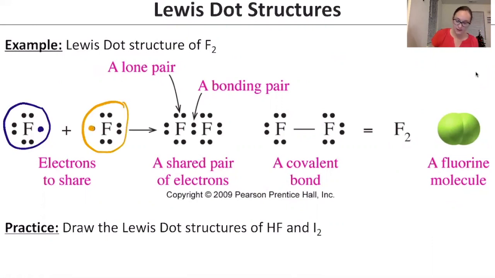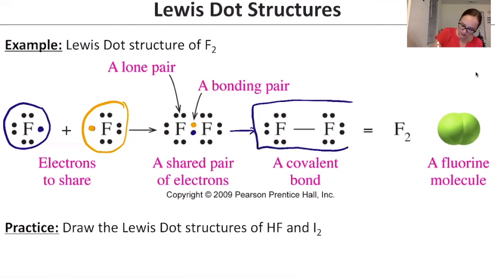So I'm only highlighting the 1 electron that is going to turn into our covalent bond in this case. So each fluorine is going to want to share 1 of its electrons with the other fluorine to make a covalent bond and to fill its octet rule. So we make 1 of those each there. And then from there, we'll draw a line and represent our fluorine F2 molecule as this Lewis dot structure here.